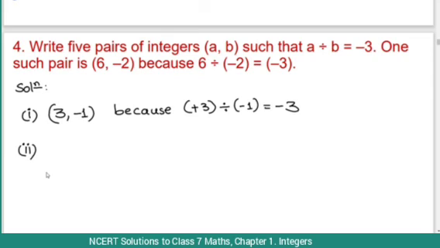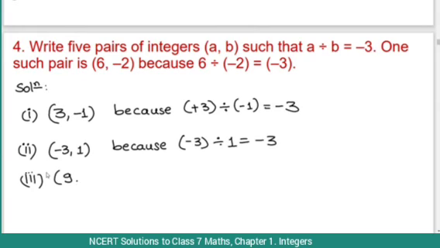Again minus 3 comma 1 because minus 3 divided by 1 is also minus 3. Third one, 9 comma minus 3, because 9 divided by minus 3 is also equal to minus 3.